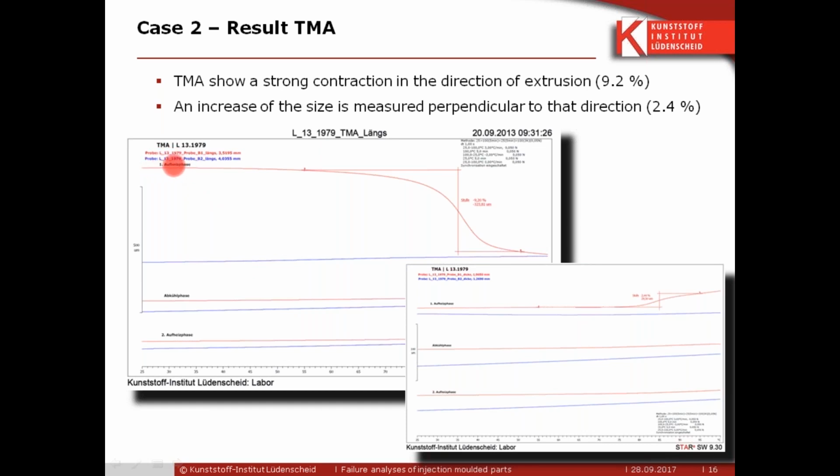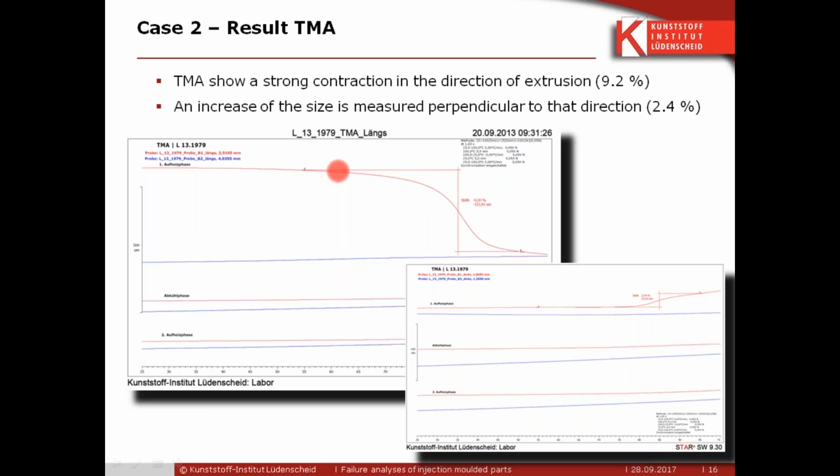It was seen that these lamellas show a drastic deformation after a few weeks in use. So our customer came to us and asked us, is it really possible that these 5 degrees might be the problem? And that's why we used the method thermal mechanical analysis, TMA. This is a measurement of length changes depending on the temperature.